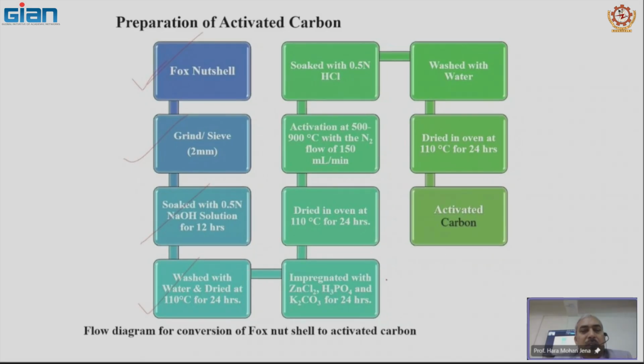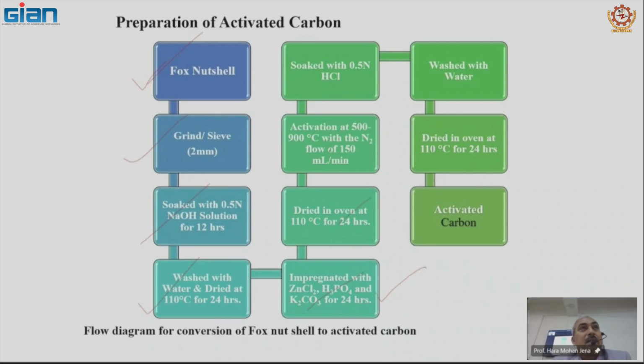Then that was impregnated with 3 different chemicals: zinc chloride, phosphoric acid and potassium carbonate for 24 hours. Dried in oven at 100 degree Celsius for 24 hours.